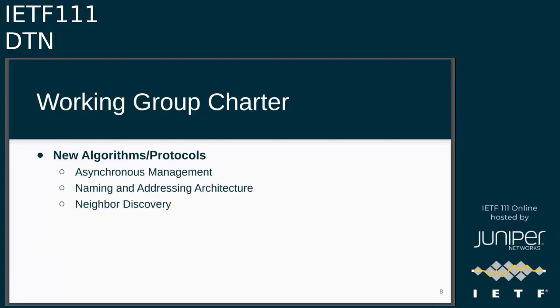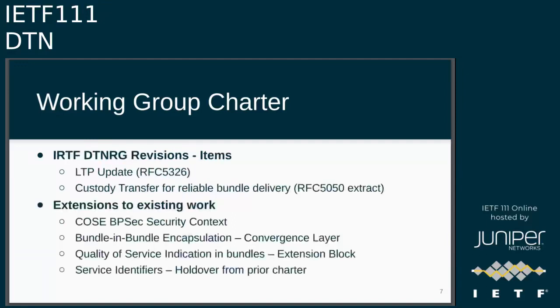So that doesn't mean we have excluded service identifiers. We've just merged it all into what on earth is a name, what is a location, what is an address, etc. But does anyone have a pet project that has occurred to them between the virtual interim and now that they would desperately like to lobby us to include?